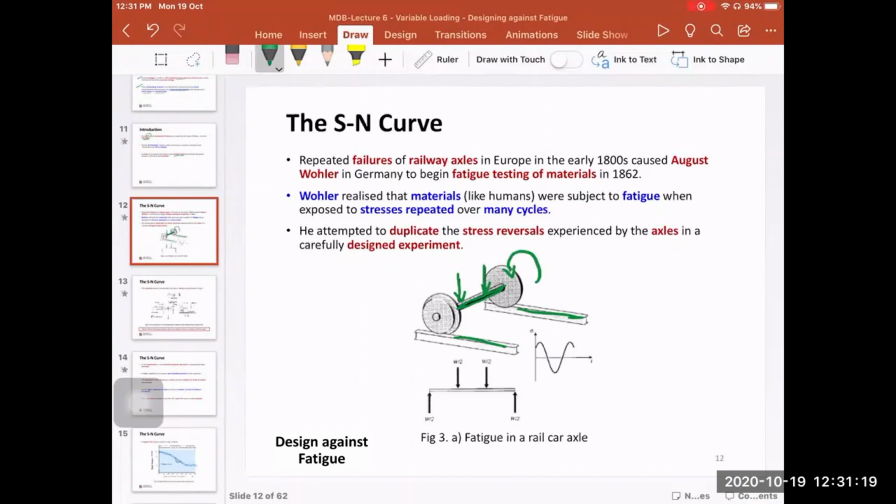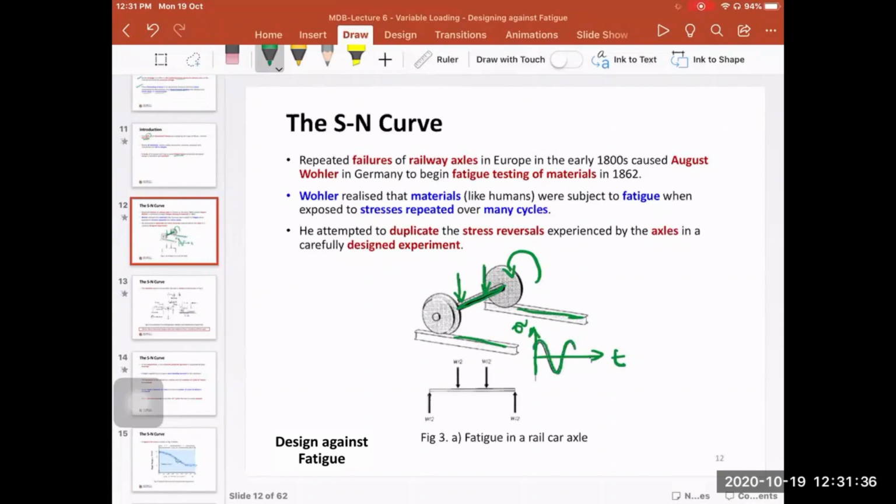So the stress applied on this axle is fluctuating. If this is time, and this is the level of stress, the stress here fluctuates or changes over time.